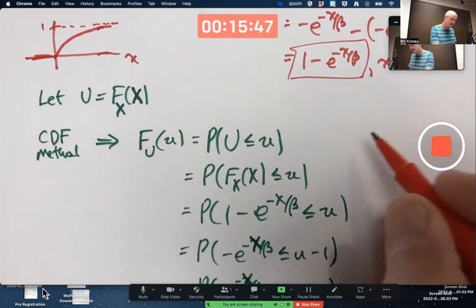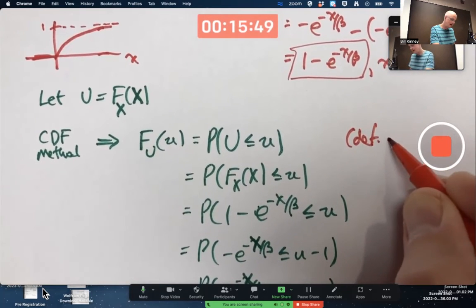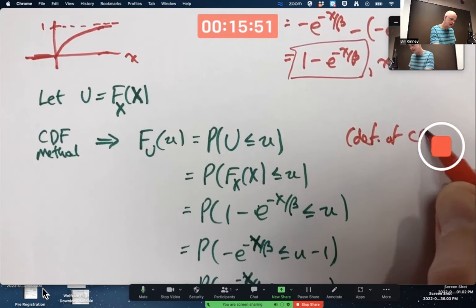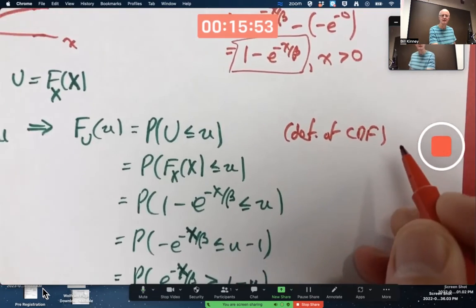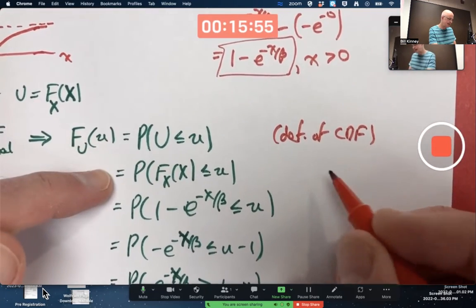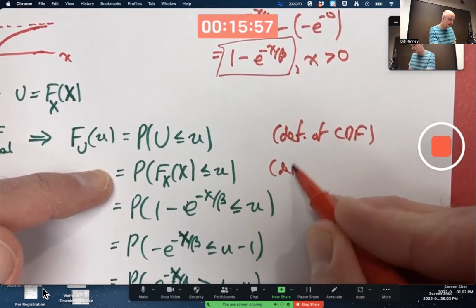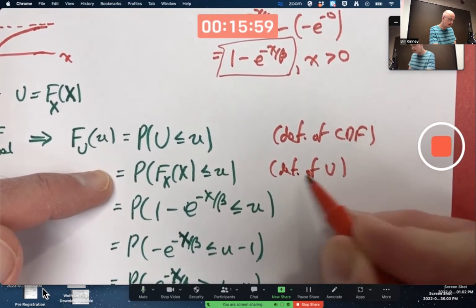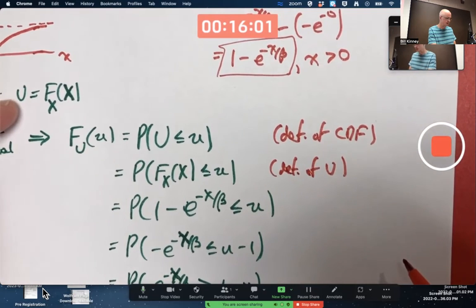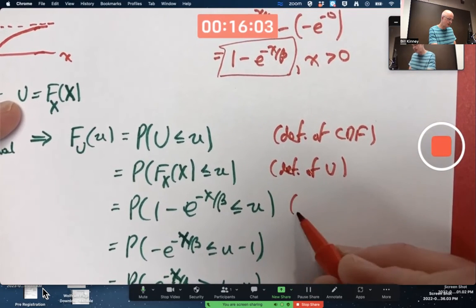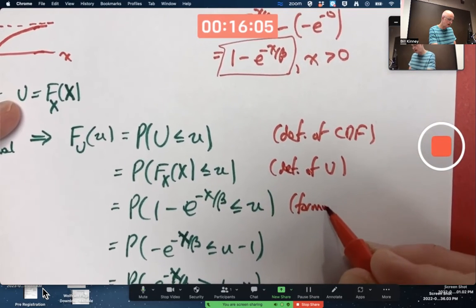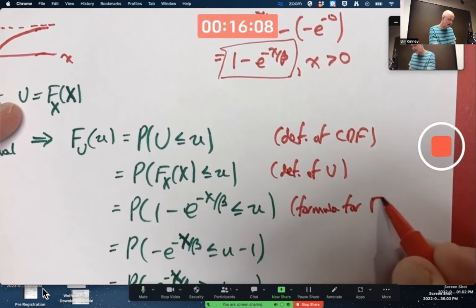That's a definition of CDF. This next step is by definition of U. This formula here. This next step is the formula for capital F sub X.